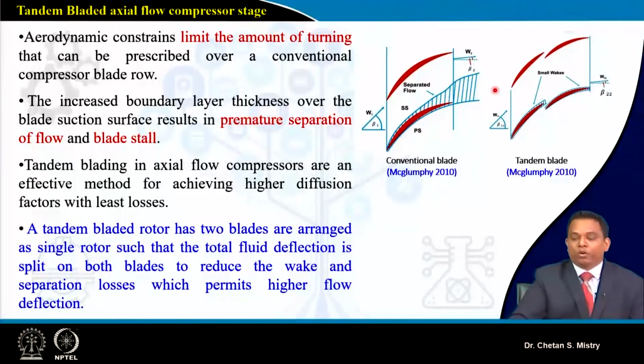The angle delta beta changes all the way from hub to tip. I will have my delta beta at the hub, at the mid section, and at the tip section, and at all these stations the delta beta is different. So I need to be very careful how I incorporate the tandem configuration for the development of rotor and stator.